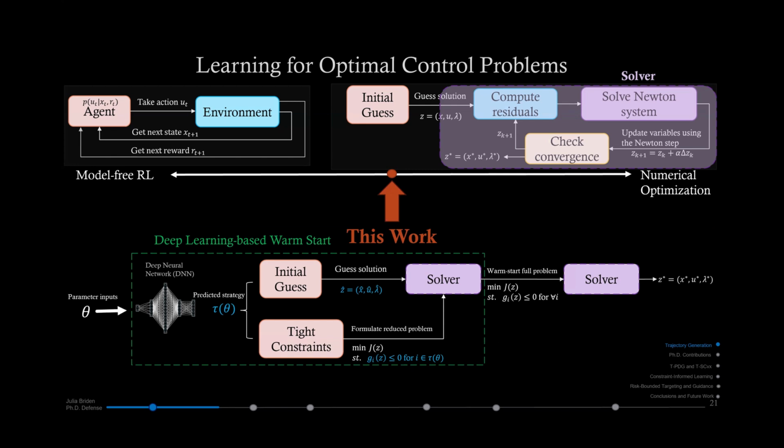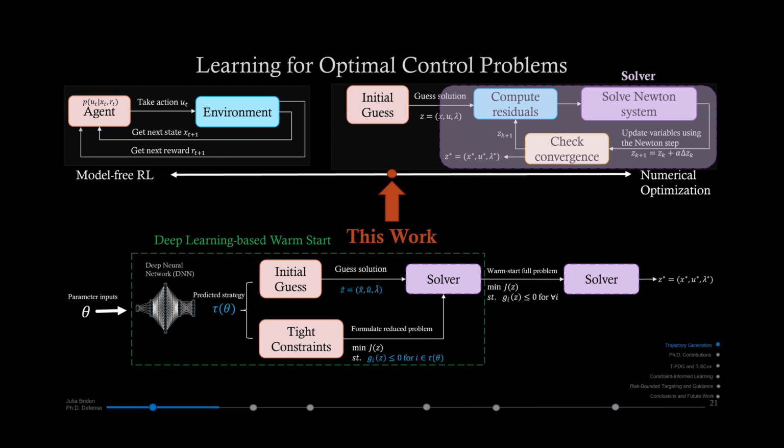And so this work presented today also falls in the middle of model-free RL and numerical optimization, with the overall goal of leveraging machine learning to allow the most efficient warm starts possible to a solver, while still maintaining the underlying guarantees of using that numerical optimization framework. Most of the frameworks look a little something like this, where we have parameter inputs, and then leveraging a deep neural network, we're able to predict both an initial guess as well as tight constraints.